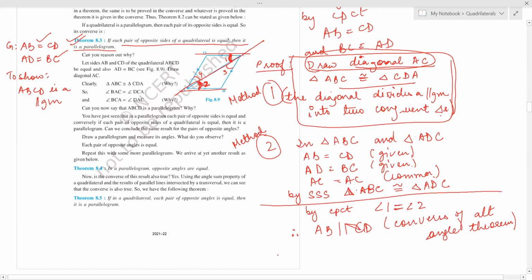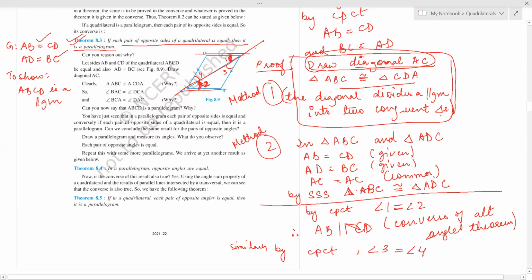Now again, by CPCT, similarly, now look at this figure. AD and CB are two line segments, and again AC is a transversal which is cutting them. By CPCT, first of all, write that angle 3 is equal to angle 4.